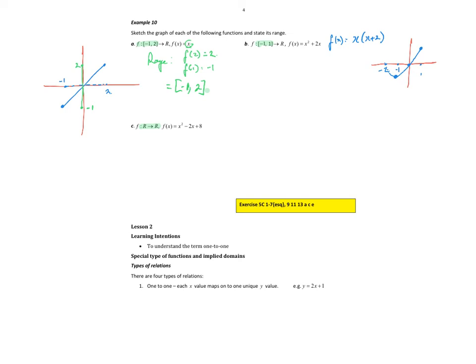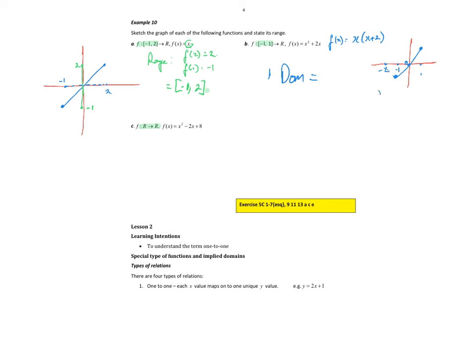Now I've got to be careful. I do know that -1 happens to be the turning point because it's halfway between 0 and -2. So let's just really make sure we don't have that section. So that's the section of the graph. So the range will be from the lowest number. What's the lowest number down here?